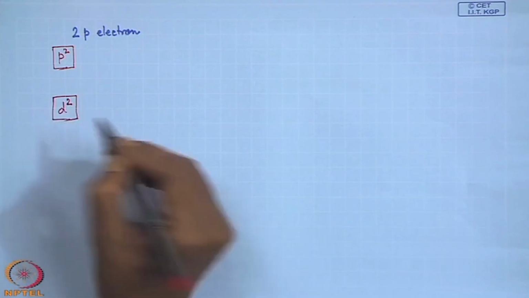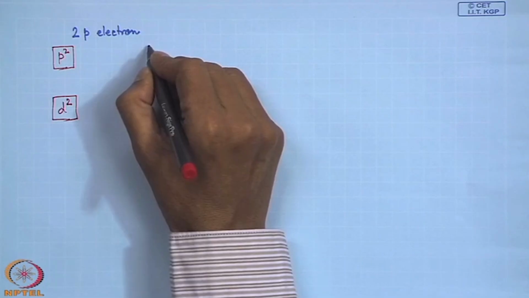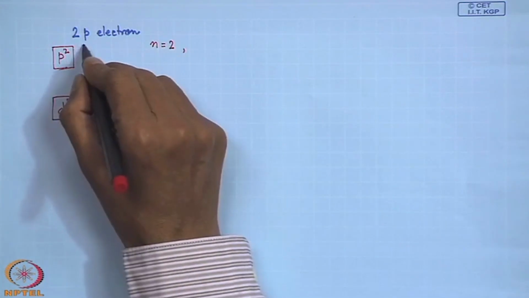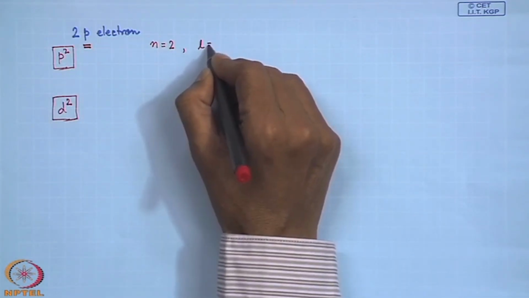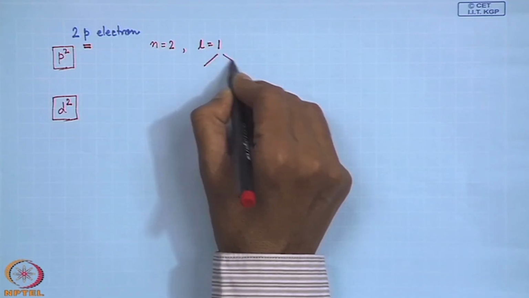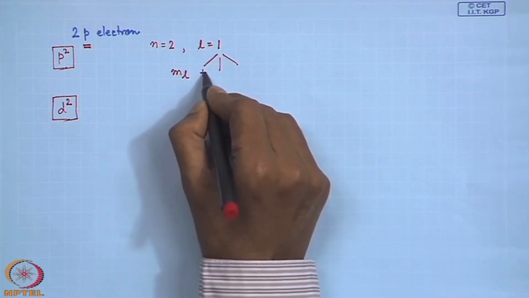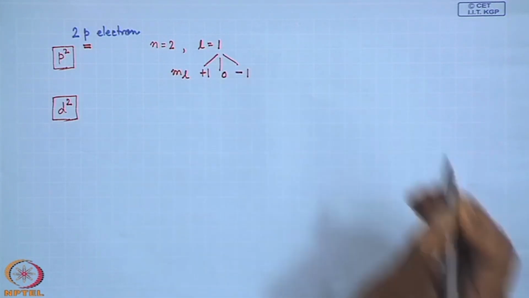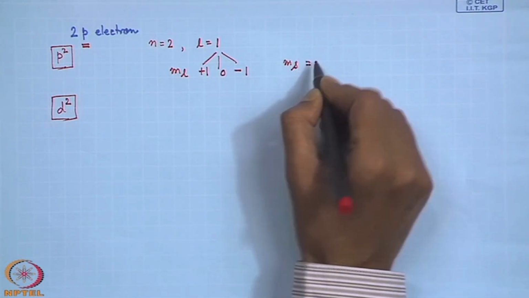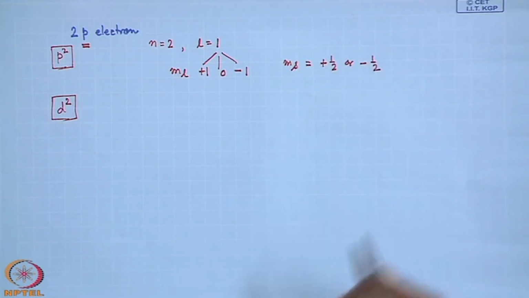In the simplest possible case, if we have a p2 electronic configuration, since it is a 2p electron, the n value is equal to 2, and since it is p, the L value is equal to 1. So, we can have 3 different ml values: plus 1, 0 or minus 1, and ms values can be plus half or minus half.